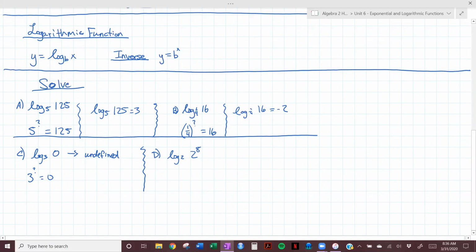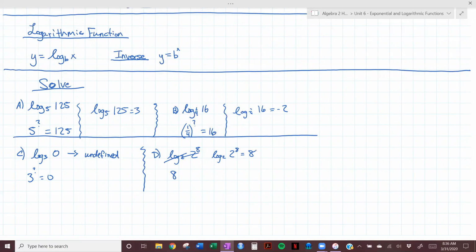The cool thing about this one is, if your base and the base in your log are the same, with an exponent on it, those bases cancel and you're just left with your exponent. So your log and your 2 cancel and you're just left with 8. So log base 2 of 2 to the 8 equals 8. And that's just a rule.